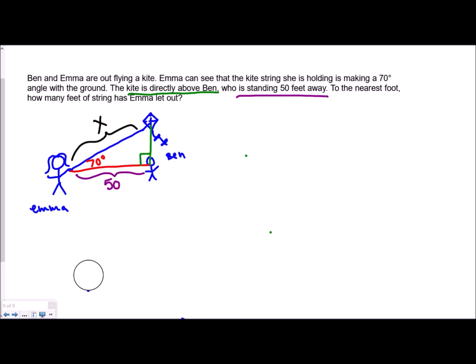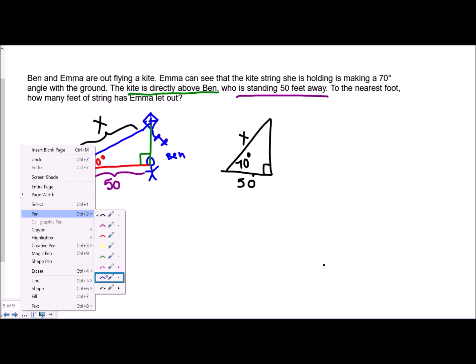All right, we now have our right triangle. Emma's over here. We've got 50 down below, 70 here, and we're trying to find x. All right, let's label.